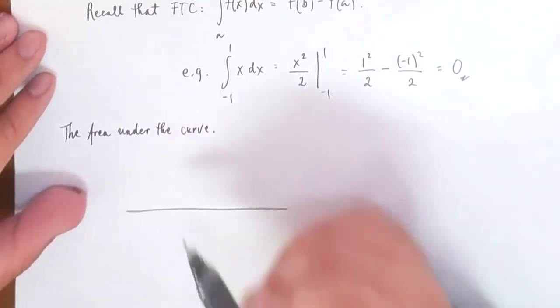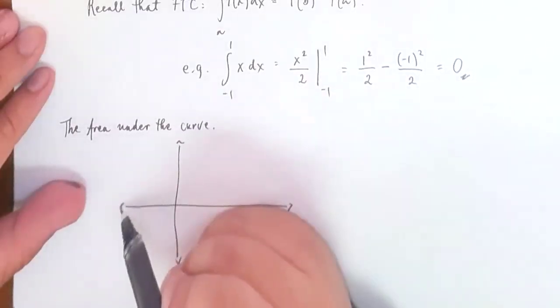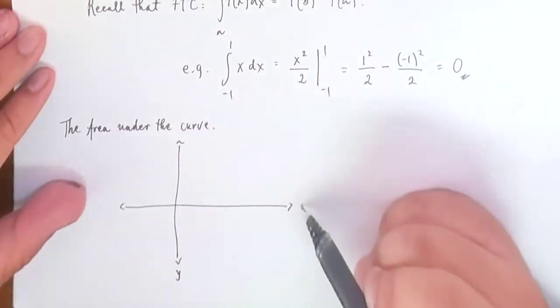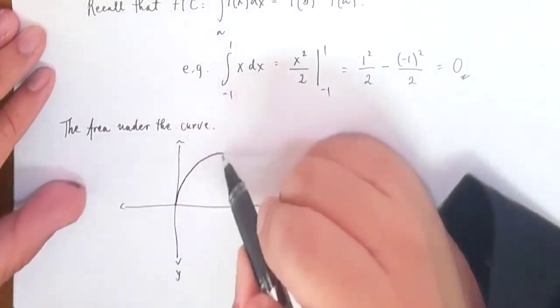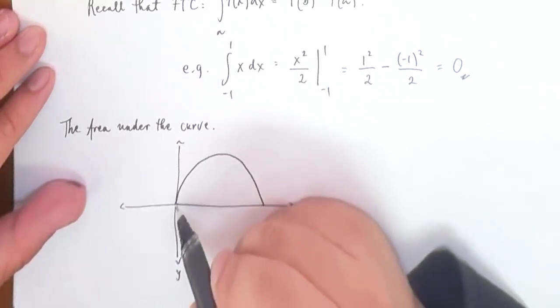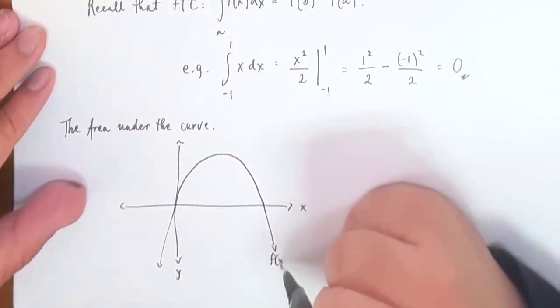So for example, if we have some function here, so this is the y-axis, this is the x-axis. Say we have a function that looks like this. So this is f of x, right?